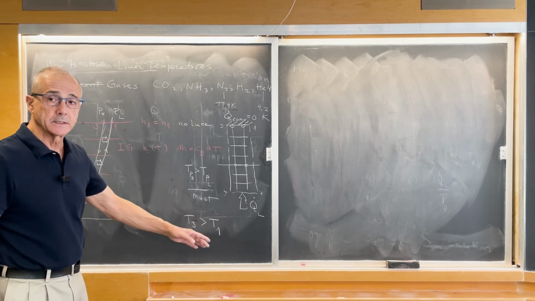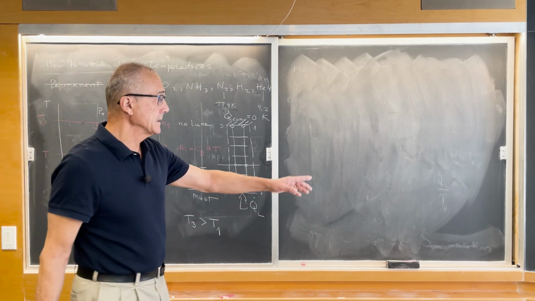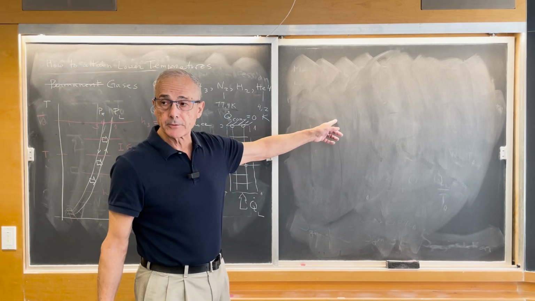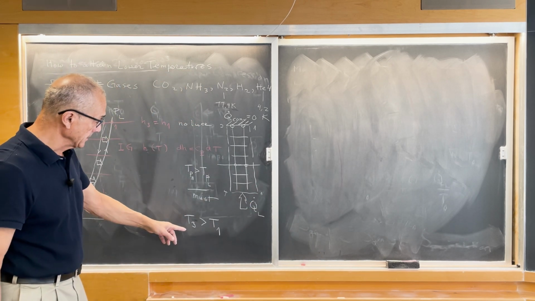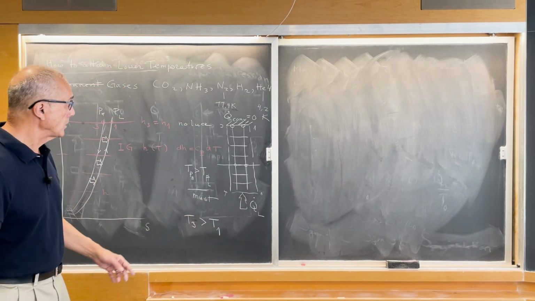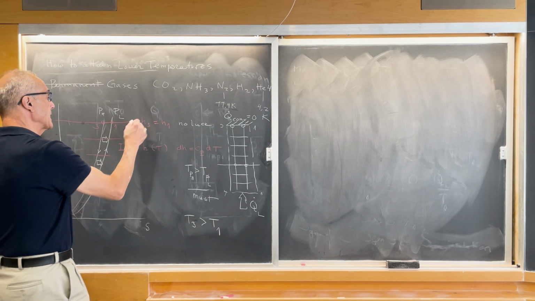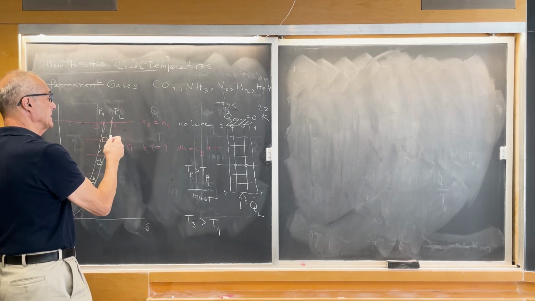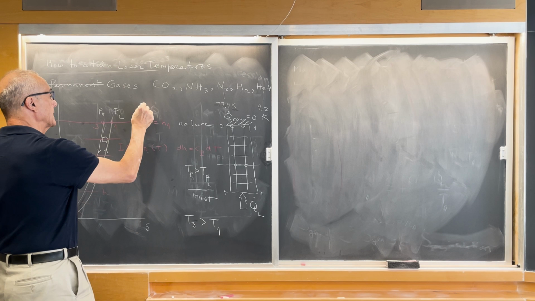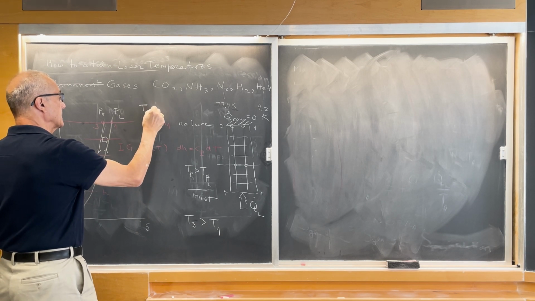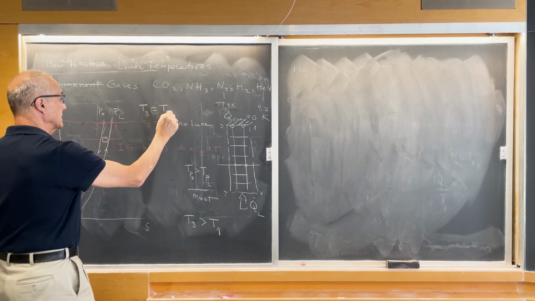And that's much worse than the inequality that I erased from the right. This inequality is even more severe than saying, as the red constant enthalpy line indicates, that T3 equals T1.